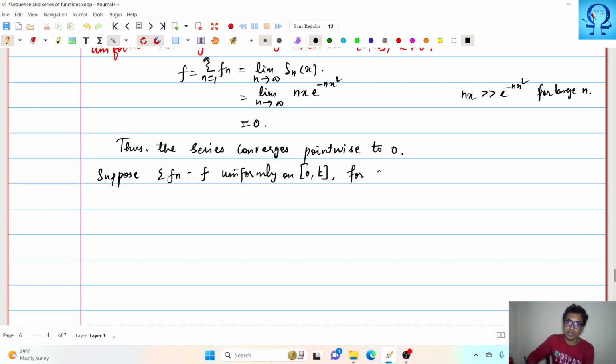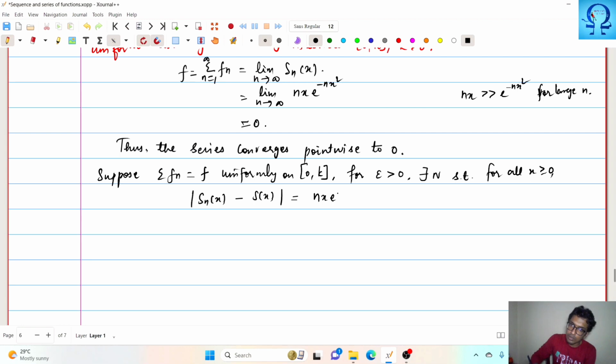If that is the case, then for any epsilon positive there exists an integer N such that for all x greater than or equal to 0, absolute of Sn of x minus S of x, which equals nx e to the power minus nx square, would be less than epsilon for all n bigger than or equal to N.